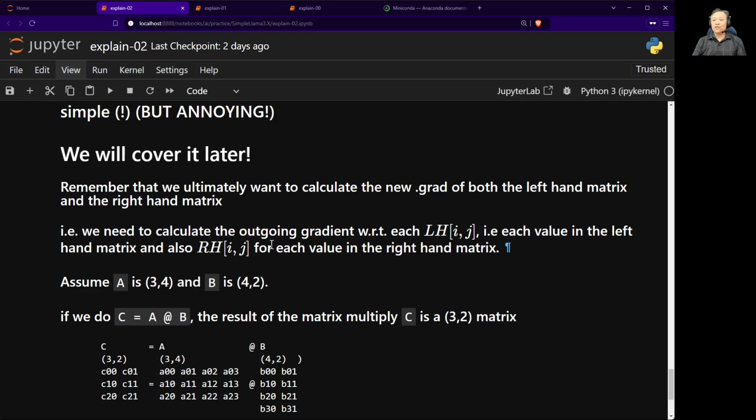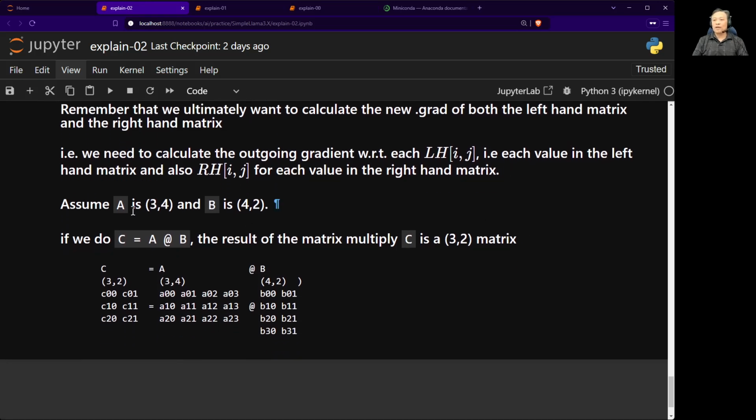So we need to calculate the outgoing gradient with respect to each left hand. For example, if the operation is a matrix times a matrix, you need to calculate the outgoing gradient with respect to each i,j of the left hand, and the same for the right hand side.